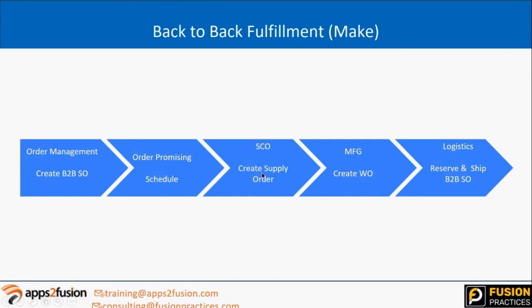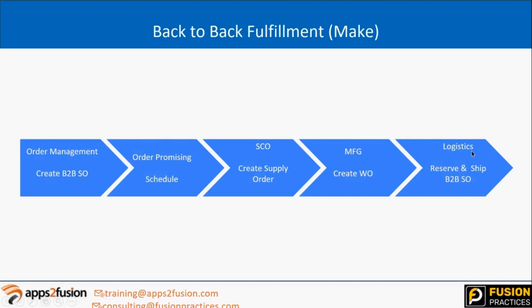And then SCO once again refers to its routing and sourcing rules, and it says, I need to manufacture this order. It sends the request to manufacturing to create a work order. Once the work order is created, executed, and completed, it is sent to logistics. The logistics is nothing but your shipping, where it retains its reservations against the sales order, and then logistics ships the sales order directly to our customer.